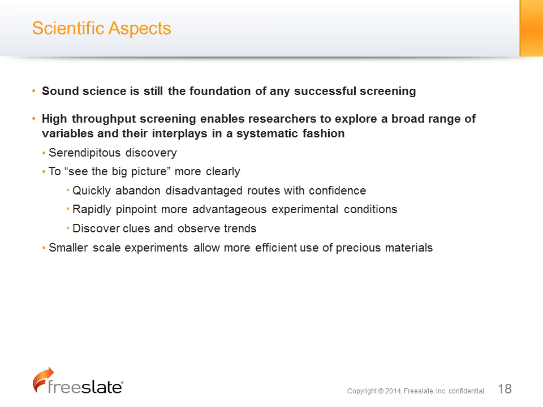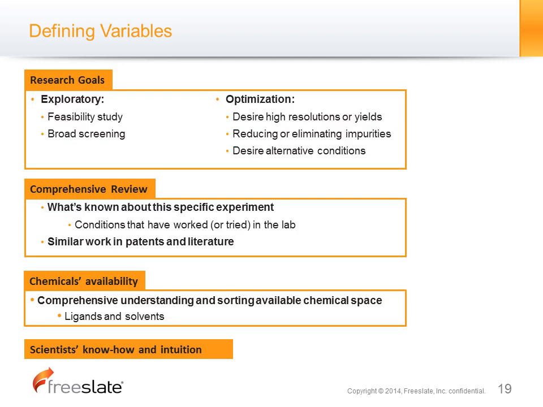So how do we define these variables? In the end, we try to understand the problem. We try to narrow down what kind of variables we want to screen, right? So what we try to do here is categorize what kind of defining factors we should think about. First of all, is our research goal.